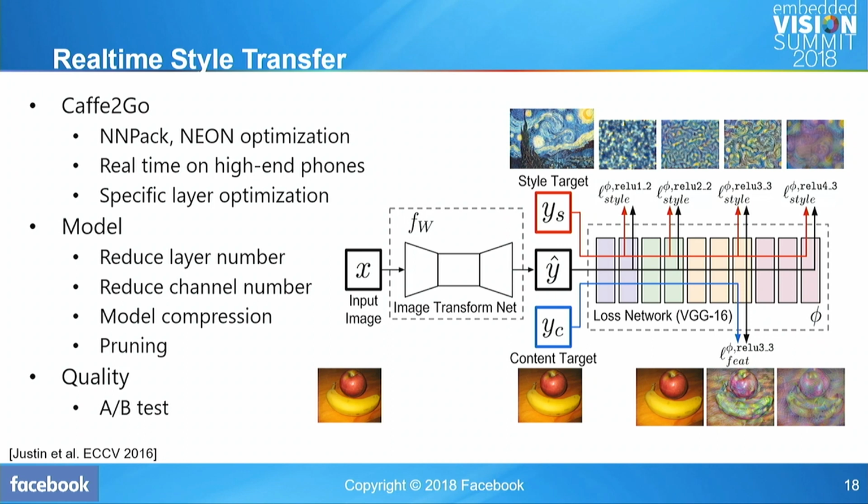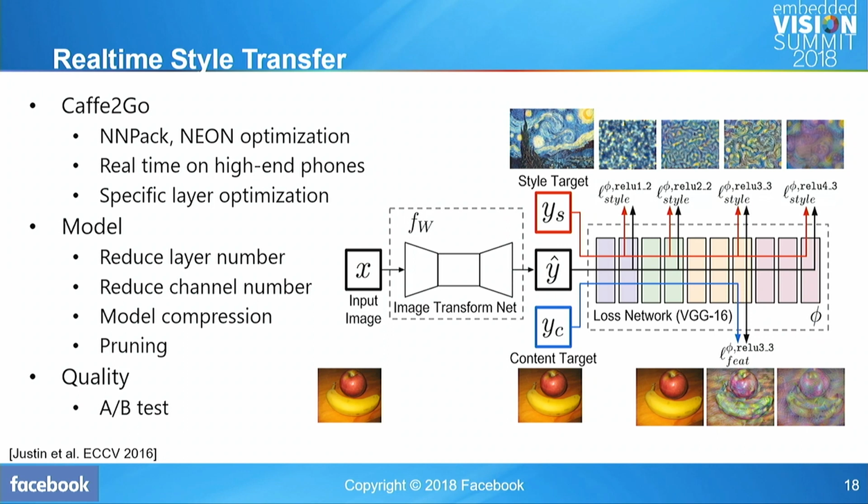Similar to a content target and style target image, these go through the VGG loss network and are matched up as a loss function, minimizing the Euclidean difference between the content target and the output Y hat at a specific layer, closer to the end of the VGG network, which represents more content information.